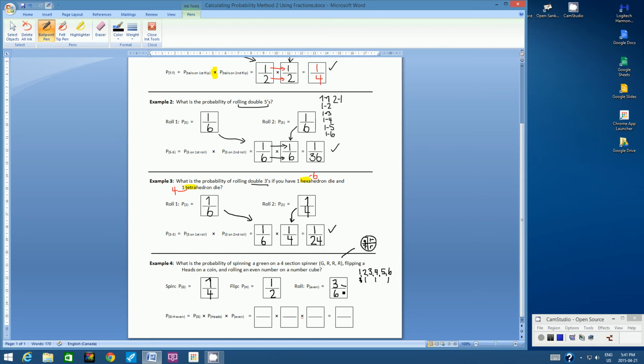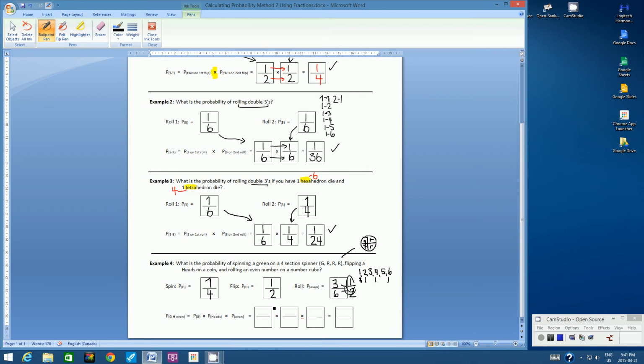Hopefully you recognize right away that 3 over 6 can be reduced to 1/2. You don't have to reduce the fraction here, but it's just going to let us avoid reducing later on. So it's probably a good idea to reduce right here when you can.